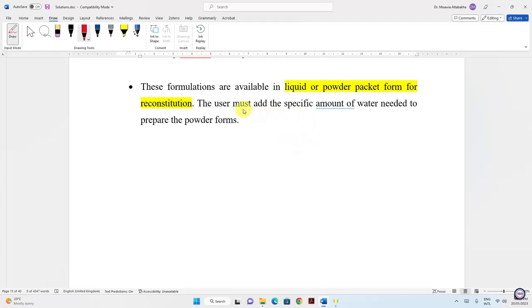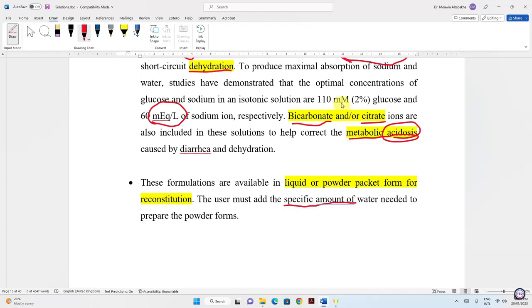It's very, very important that if you want to reconstitute the powder, you add exactly the specific amount, not more, not less. Okay, you cannot add more and you cannot add less, because if you do that, what happens to the concentrations? They will change, and if they change it will not give the right effect.